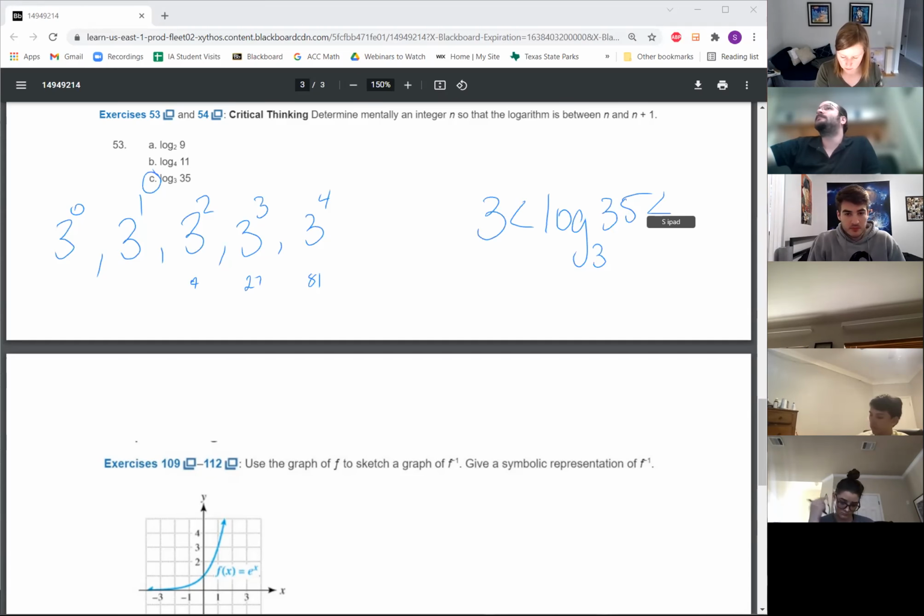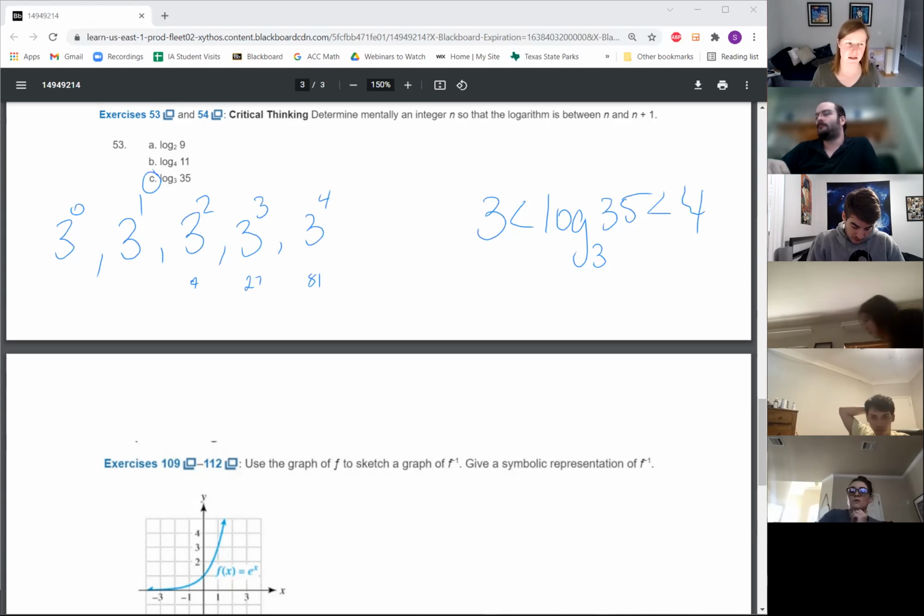I was thinking that because I was looking at the other one, but for my answer I picked 3, and I picked log, but I didn't pick the 3 at the bottom. I just picked 35. You gotta have that 3 at the bottom because that tells us the base.